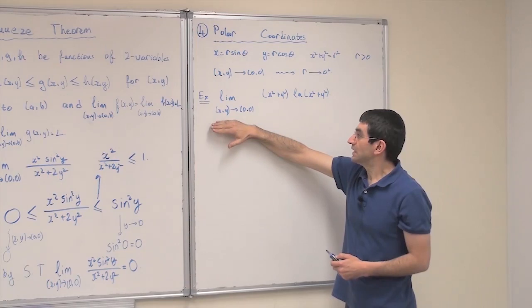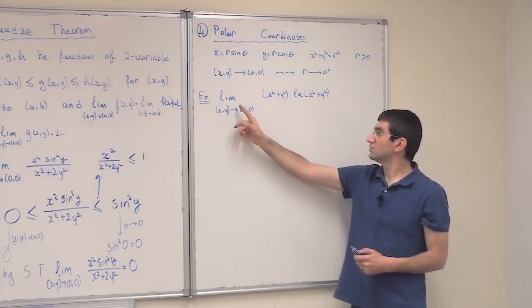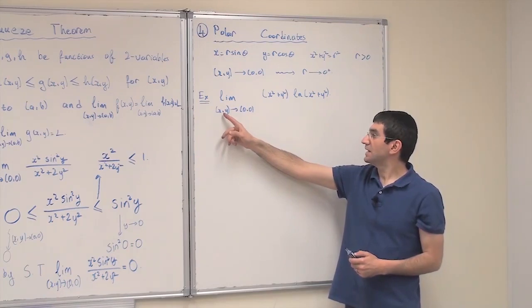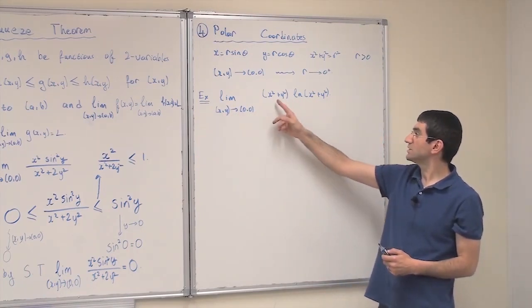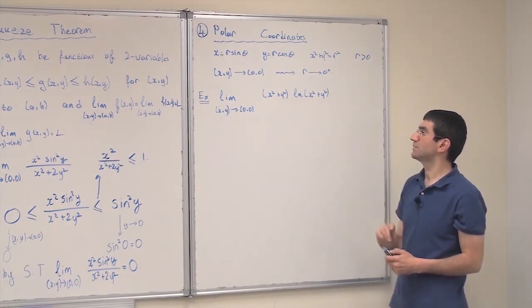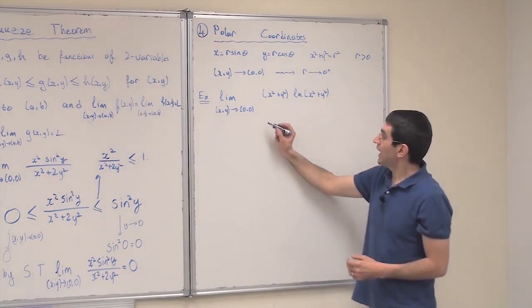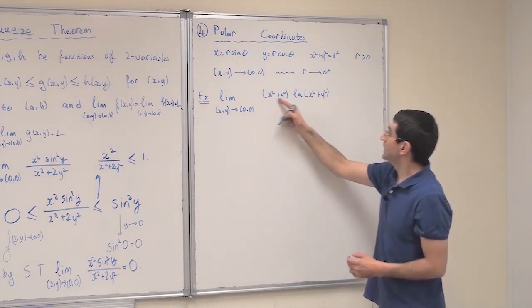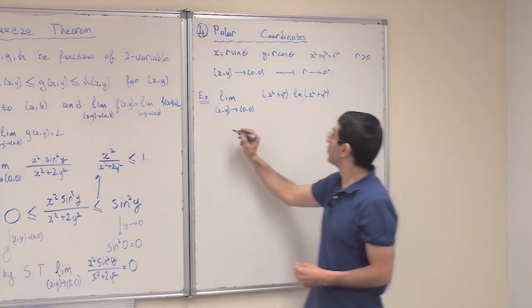So now, let's look at our example. We want to calculate the limit as x y approaches 0, 0 of this two-variable function, which is x squared plus y squared times ln of x squared plus y squared. So, first of all, I'm going to write the function in polar coordinates.